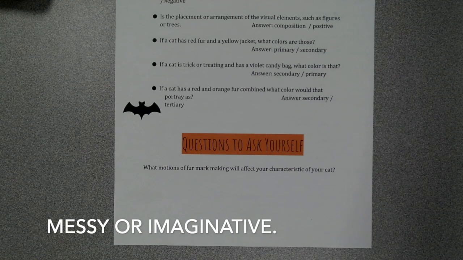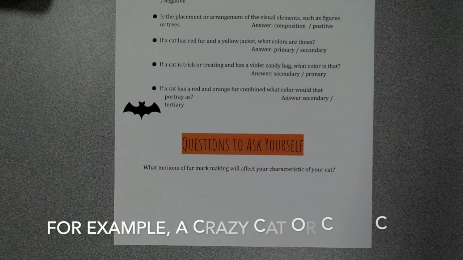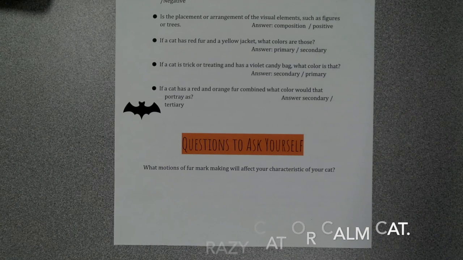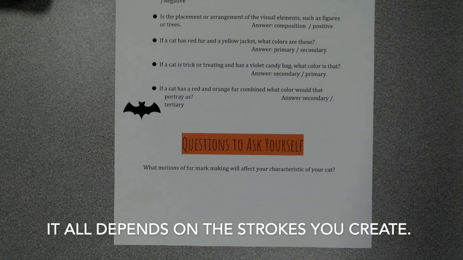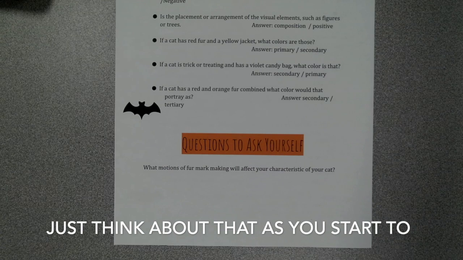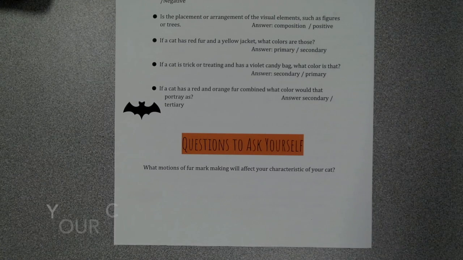So really be imaginative with your fur mark making, because you could have a crazy cat with all these little marks going all over the place, or you could have a cat that has all the strokes going in the same direction, creating a neater fur on the cat that you have. So just think about that and how that portrays the characteristic of your cat.